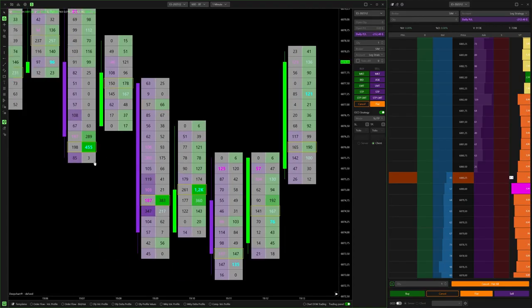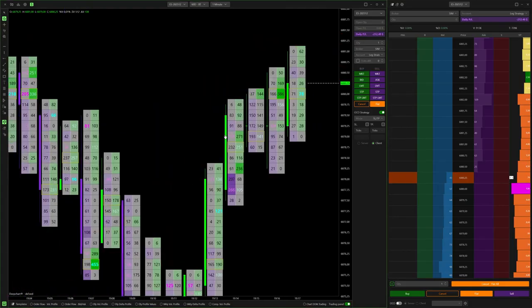Because, for example, here there was a lot of aggressive buying happening, and there was a big seller in the book. Well, we tried that, it didn't work, and then we poked out of it, and as soon as it got broken, we have a long auction that lasts for quite some time.